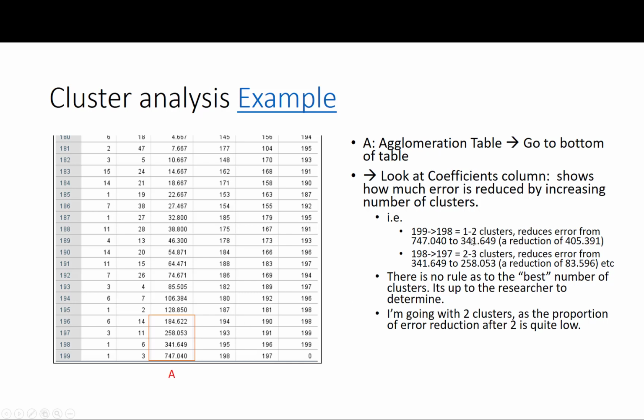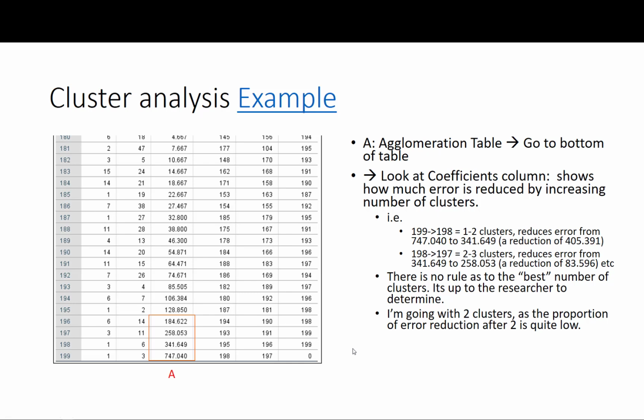In this case, if I go from one cluster to two clusters, I reduce the error from 747 to 341, which is a reduction of 405 error points. If I go from two clusters to three clusters, I reduce the error from 341 to 258, which is a reduction of only 83.